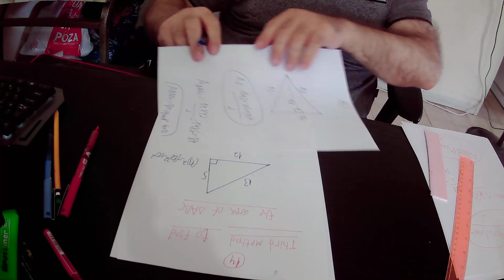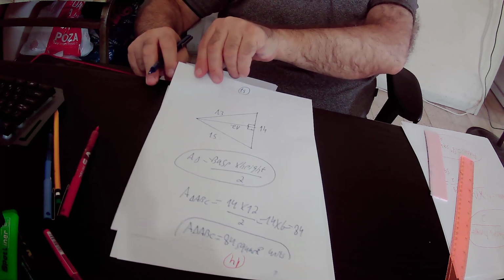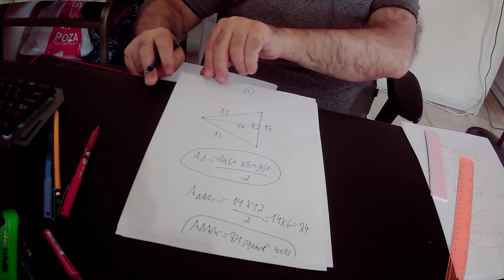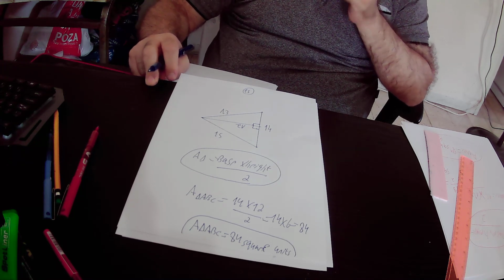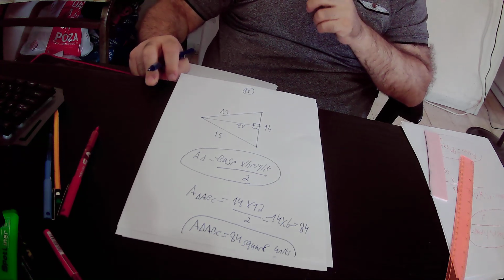Again, the area of triangle ABC, according to the third method, equals 84 square units.